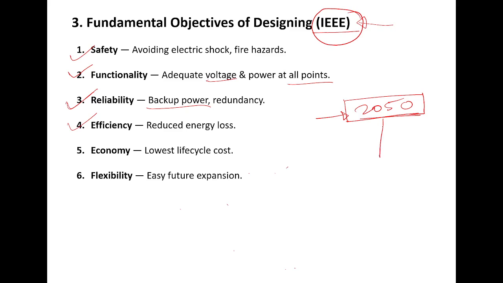Means the electricity which is generated nowadays, about 70% by conventional resources, will be replaced by renewable energy. By 2050, every government is planning to reduce that 70% to about 25 to 30% only.